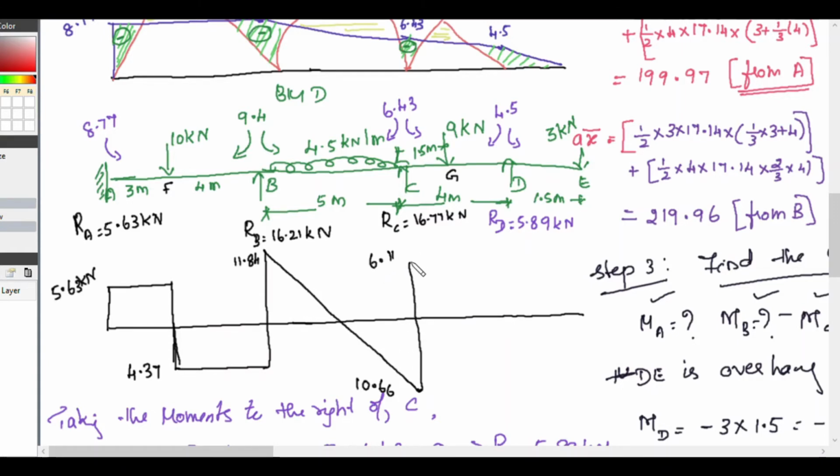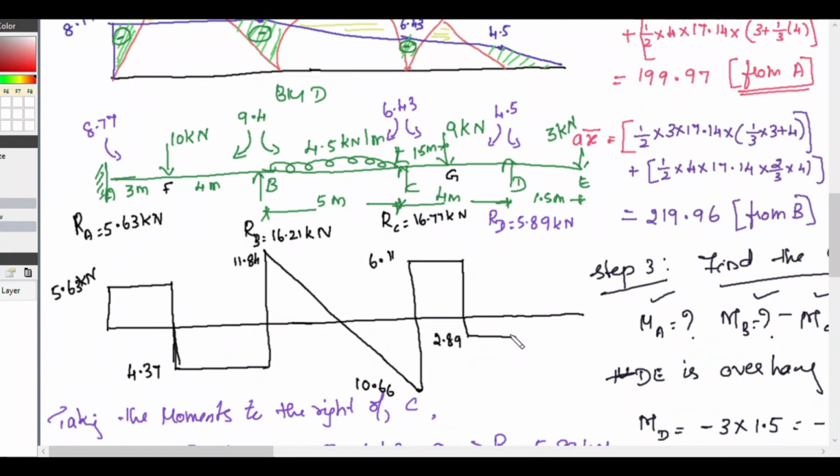Up to G we do not have any load. At G we have a 9 kilonewton load. So 6.11 minus 9 we get 2.89. Now up to D we do not have any load.